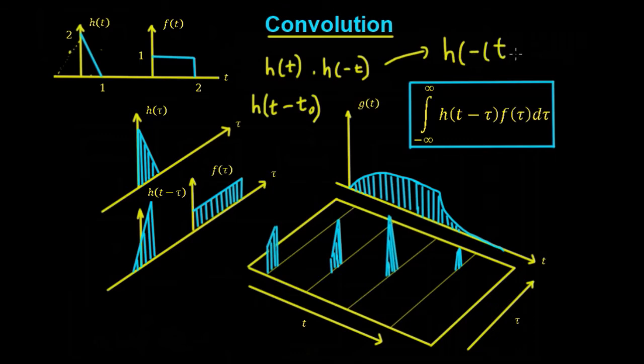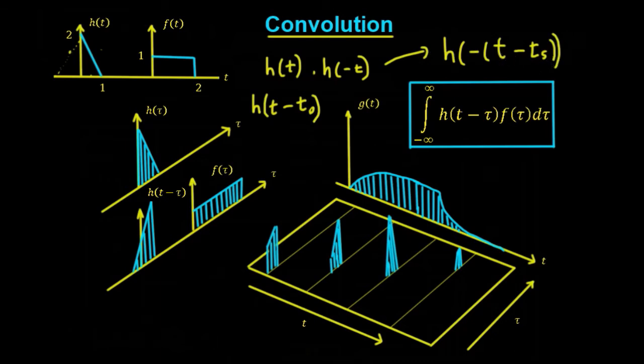I could call this factor minus t s, where s could be for slide. So the actual function we're interested in is going to be h of minus t minus t s.